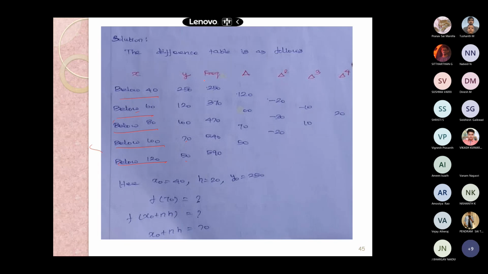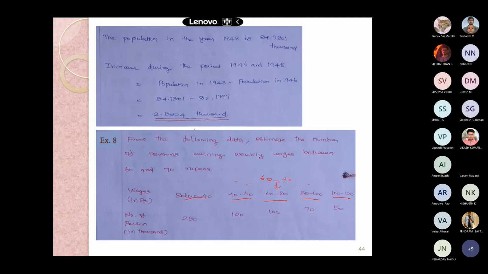And we need to find the frequency first. The frequency would be 250, and you accumulate this value, 370 and 100. We need the whole data.